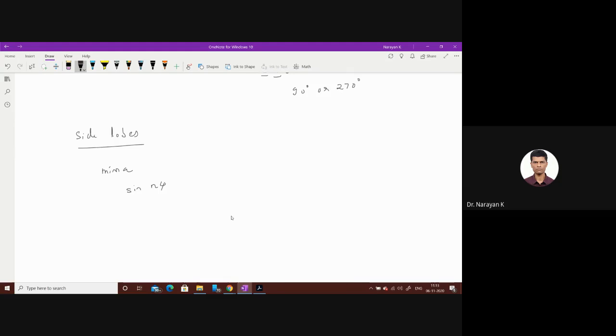Sine of n psi by 2 equate to 0. So n psi by 2 is equal to sine inverse of 0. This I should equate to plus minus m pi.